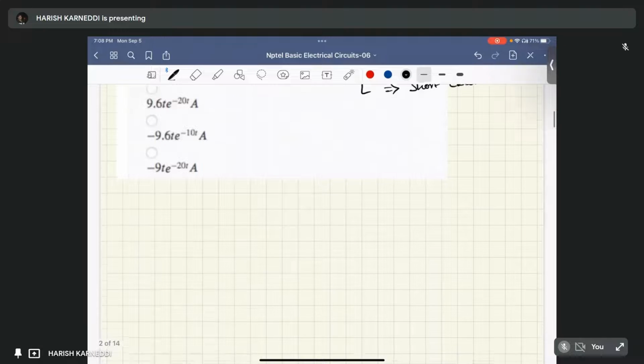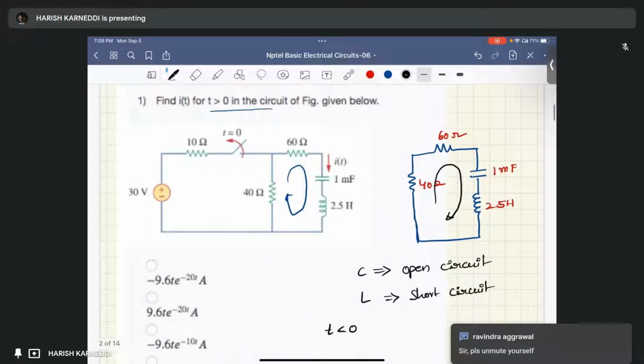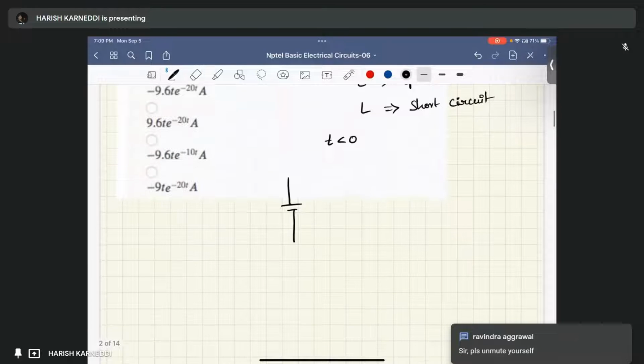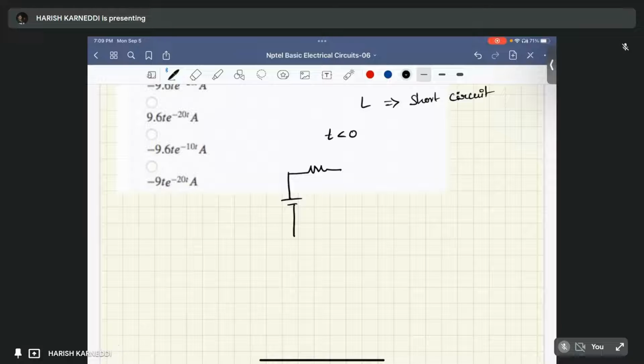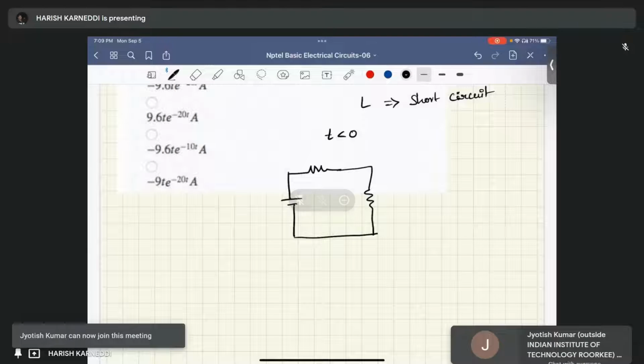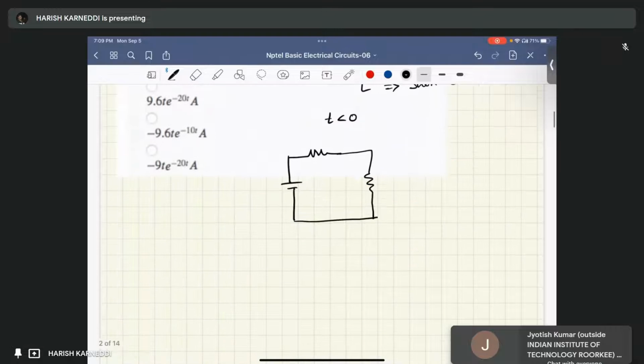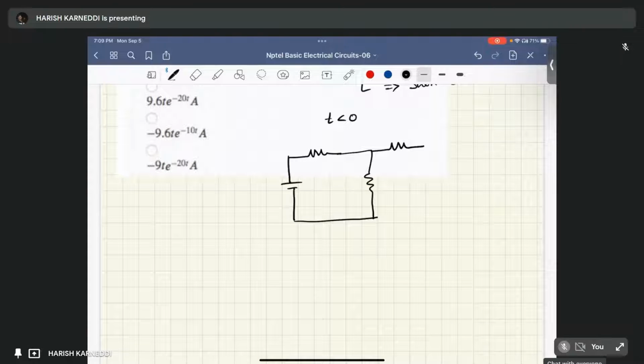I'm redrawing the circuit for t less than 0. What's the t less than 0? This switch is in closed position. So the 10 ohm resistor and the 60 ohm resistor.